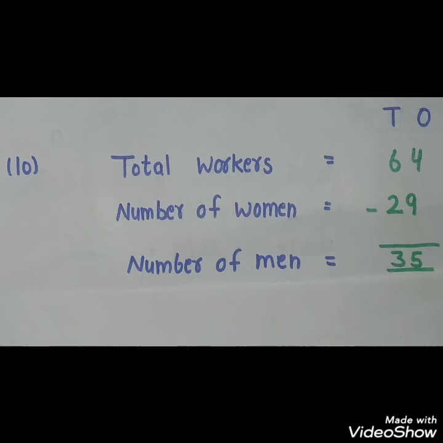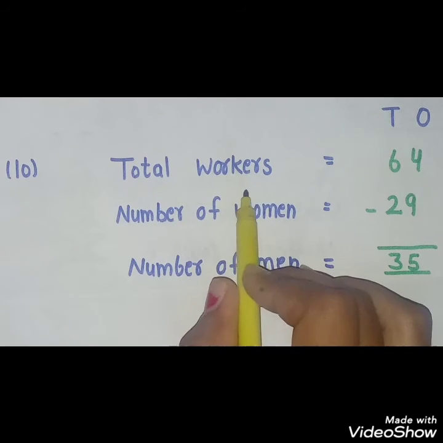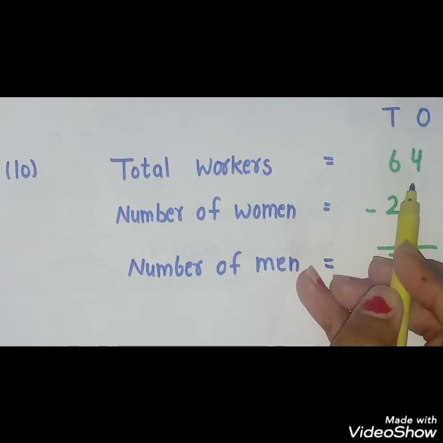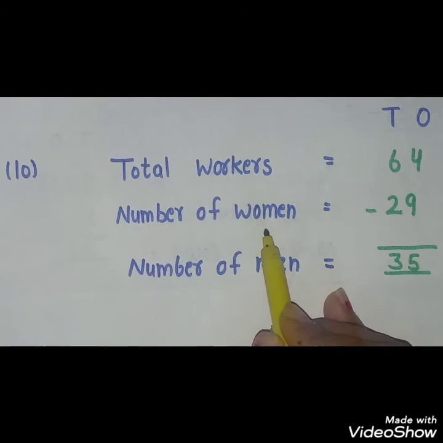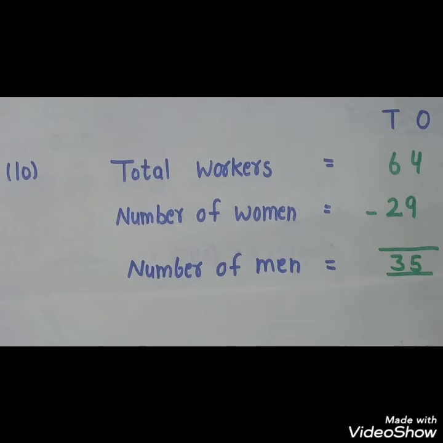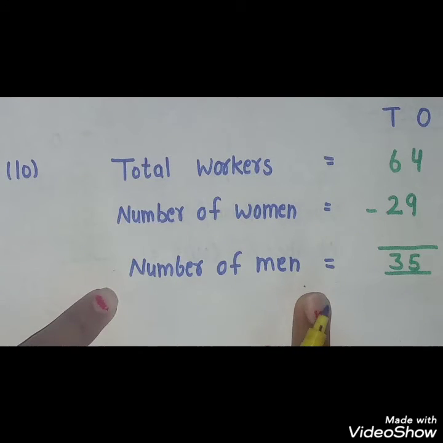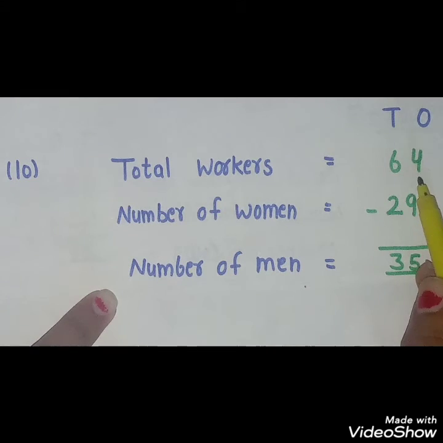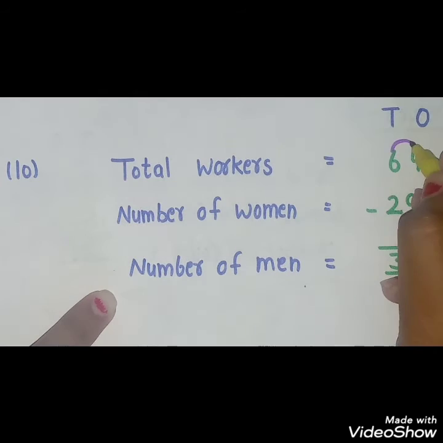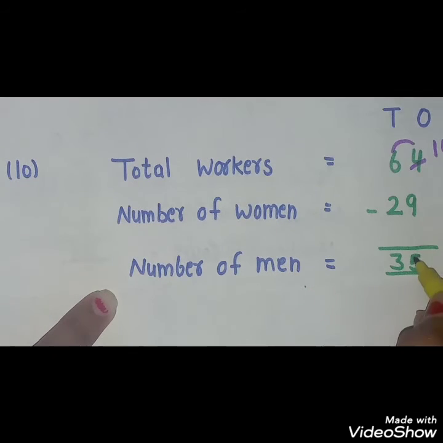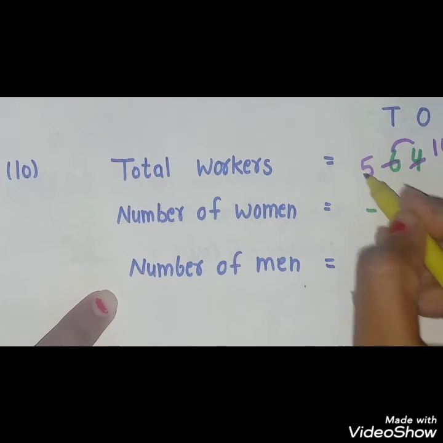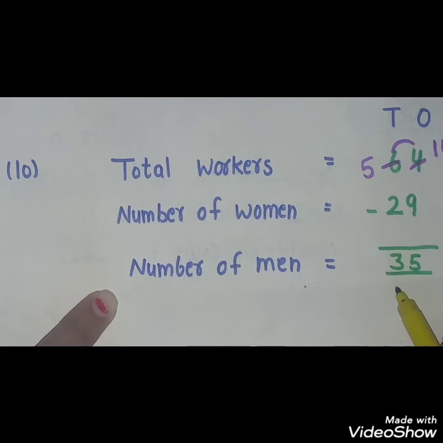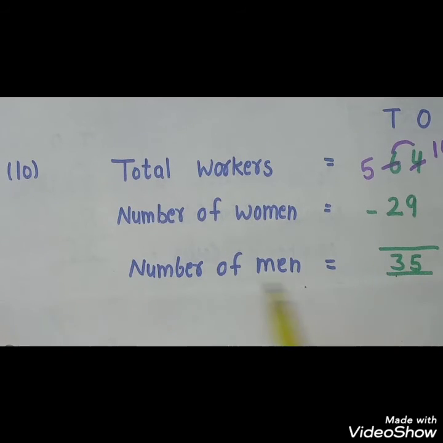So let us do this. Firstly you have to write total workers. How many total workers? That is 64. And number of women working in the office, that is 29. Number of men. How do we get the number of men? We subtract 29 from 64. It is not possible, so we take carry. 14 minus 9 is 5. Here remains only 5. 5 minus 2 is 3. It becomes 35. Yes students, total workers 64.